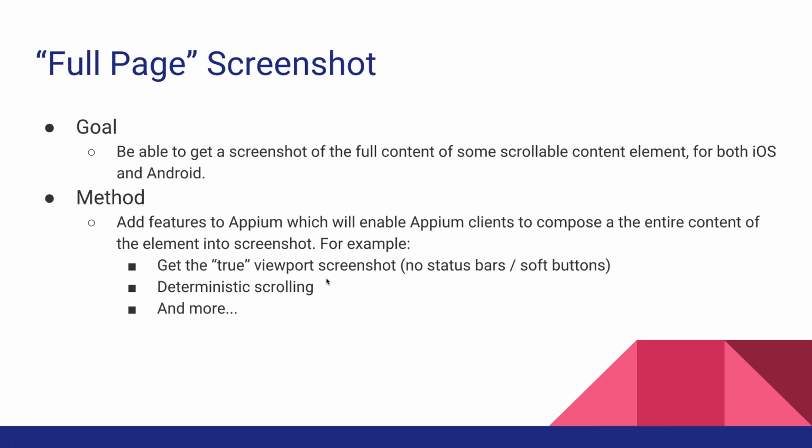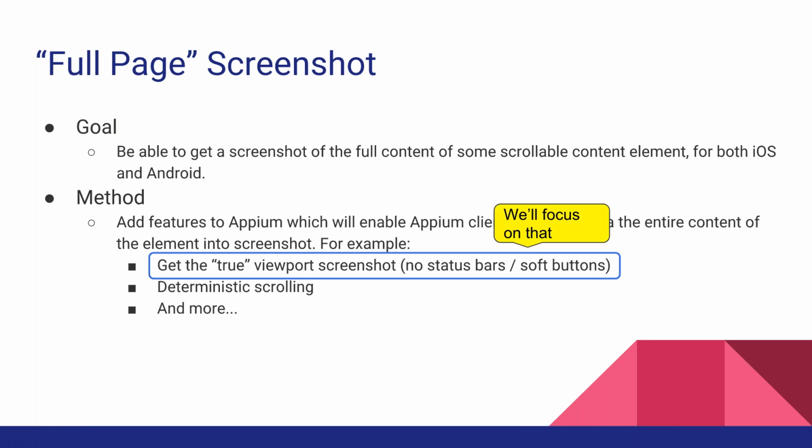You would end up in different locations. And this made it very complex, for example, to compose a screenshot. So we also treated the deterministic scrolling part and several other capabilities, which I'll show you along the way.